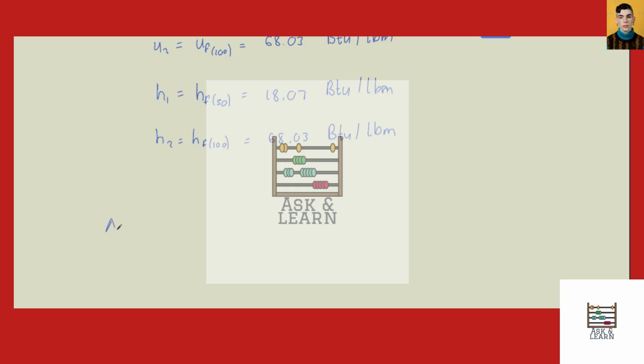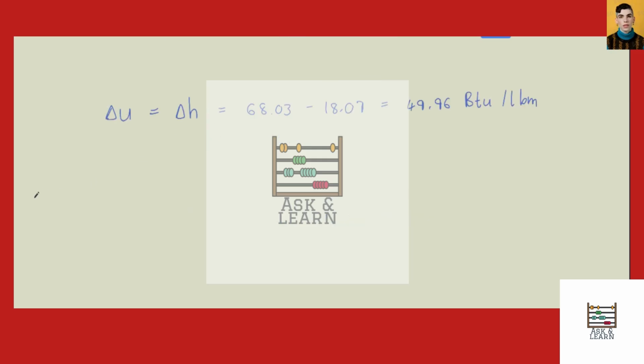So therefore, the change delta U is equal to this change in delta H. The two changes are the same, and that's 68.03 BTU per pound minus 18.07 BTU per pound, and hence we get this change in internal energy and change in enthalpy to be 49.96 BTU per pound mass. So that's using the incompressible substance approximation.